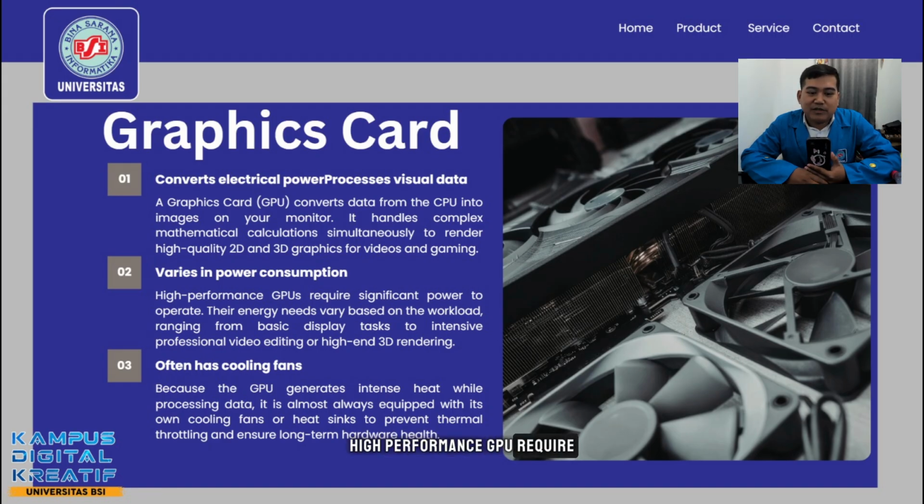High-performance GPUs require significant power to operate. Their energy needs vary based on the workload, ranging from basic display tasks to intensive professional video editing or high-end 3D rendering. And three, it often has cooling fans because the GPU generates intense heat while processing data. It is almost always equipped with its own cooling fans or heatsink to prevent thermal throttling and ensure long-term hardware health.